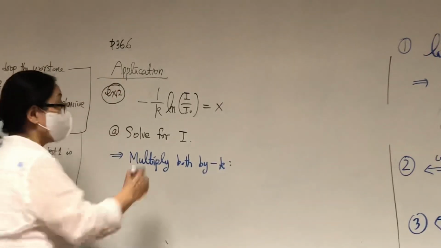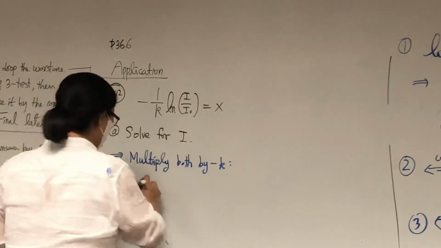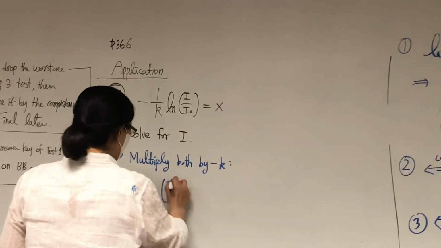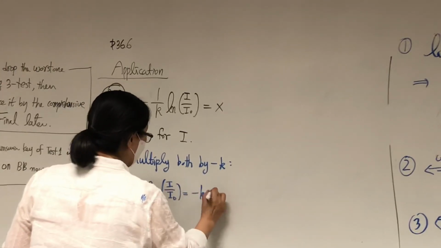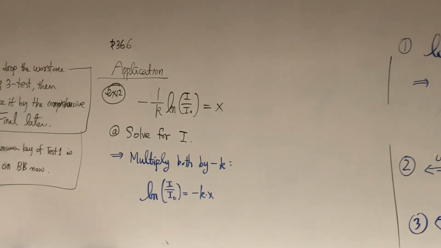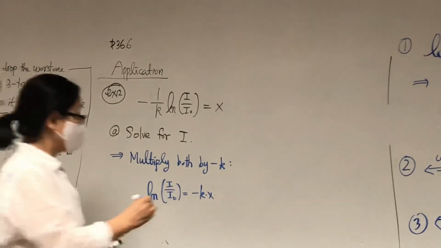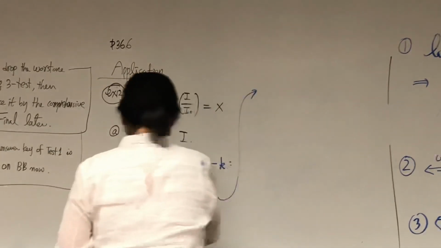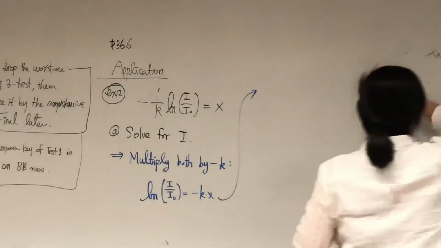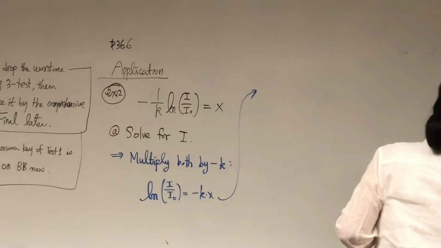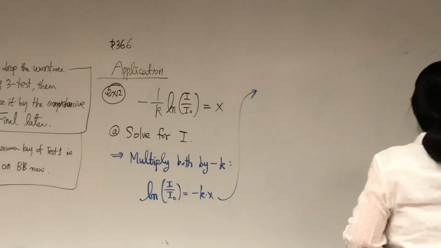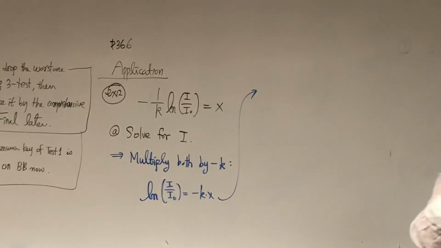And then what I have, this side is cancelled, and then I over I0 equals what? Negative kx. Am I right? What do you want to do next? How can you take I out?